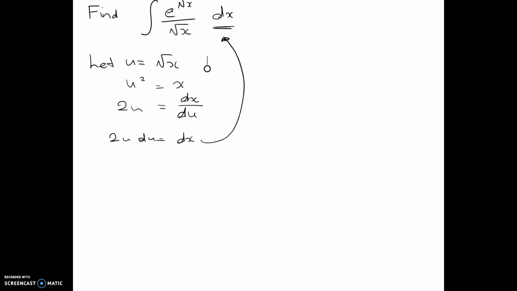It's that dx that we can put up there. So if we rewrite the original question in terms of u and fill in what we've got, now we've got an expression that's all in u. We can put the 2 out the front.